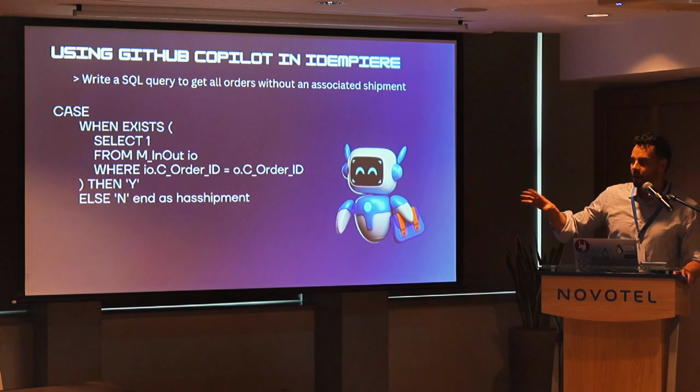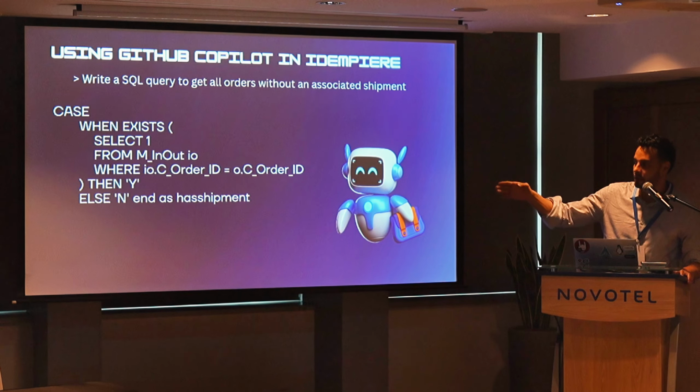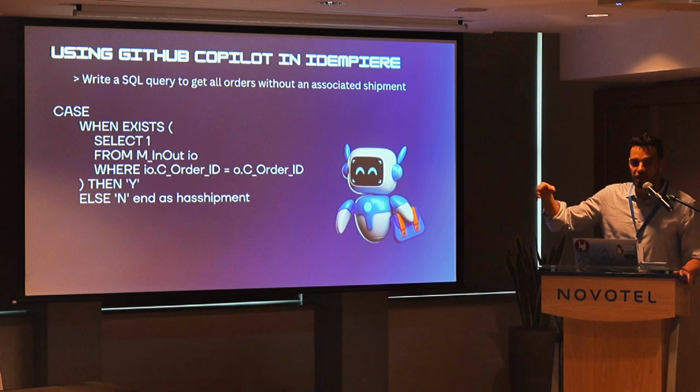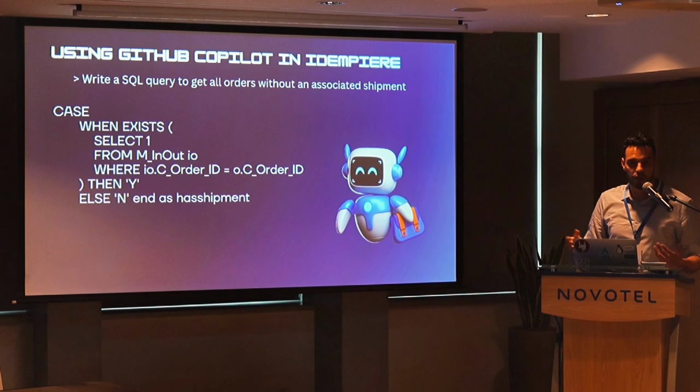And when you see it at first, you think, well, that's nice, it works, because it's checking that there's a C_Order_ID reference in the shipment and it's connected. It looks nice. But that's when I say that you need a bit of iDempiere knowledge.